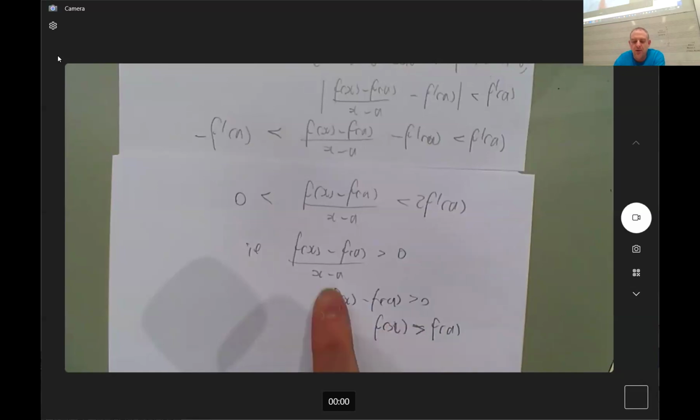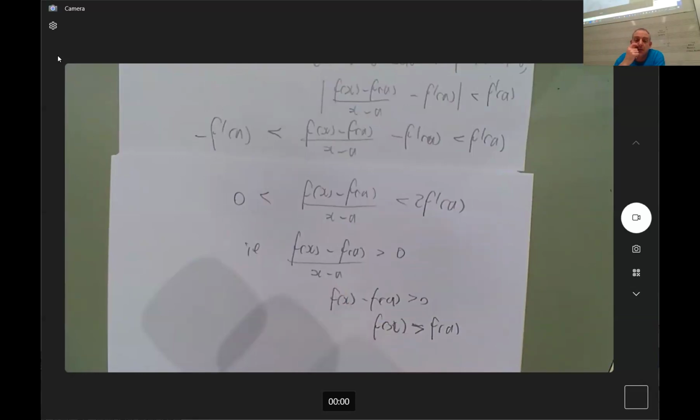Oh, not necessarily. It depends whether x is more or less than a, because if x minus a is negative, that would become less than 0. I might come back to here and just leave it at that for the moment. Oh, I don't think this is going to help.